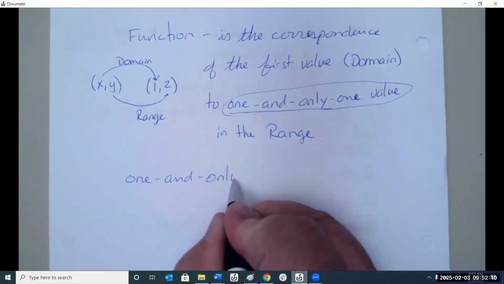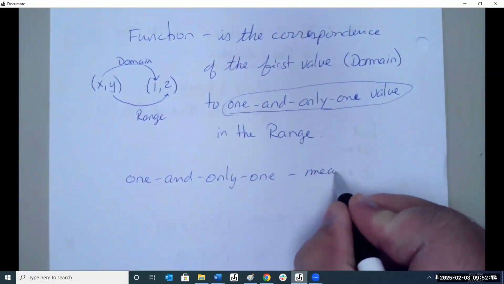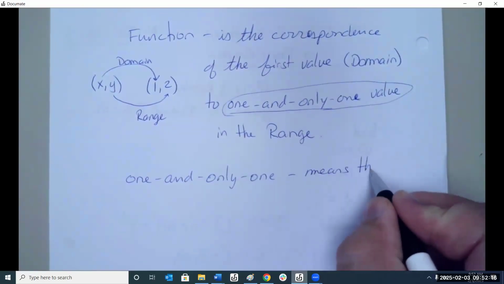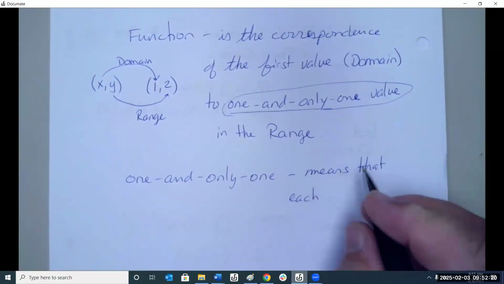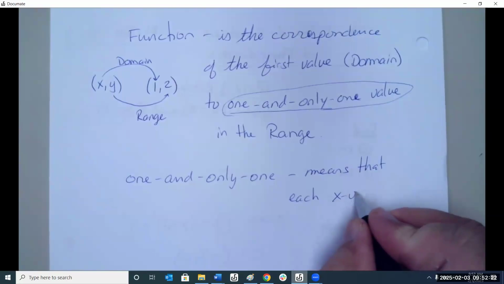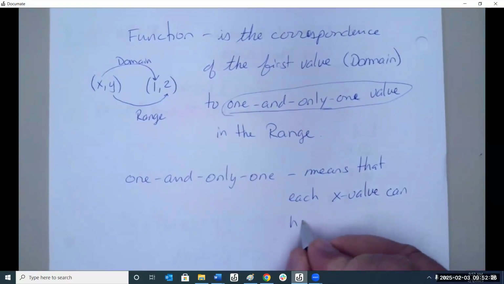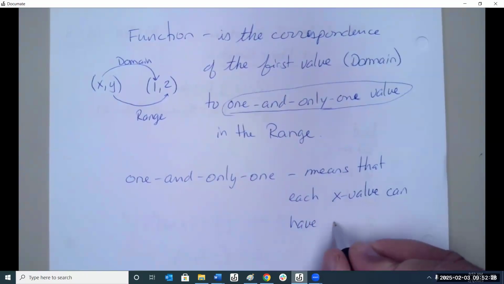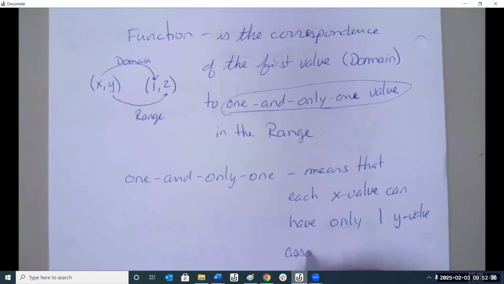One and only one means that each X value can have only one Y value associated to it.